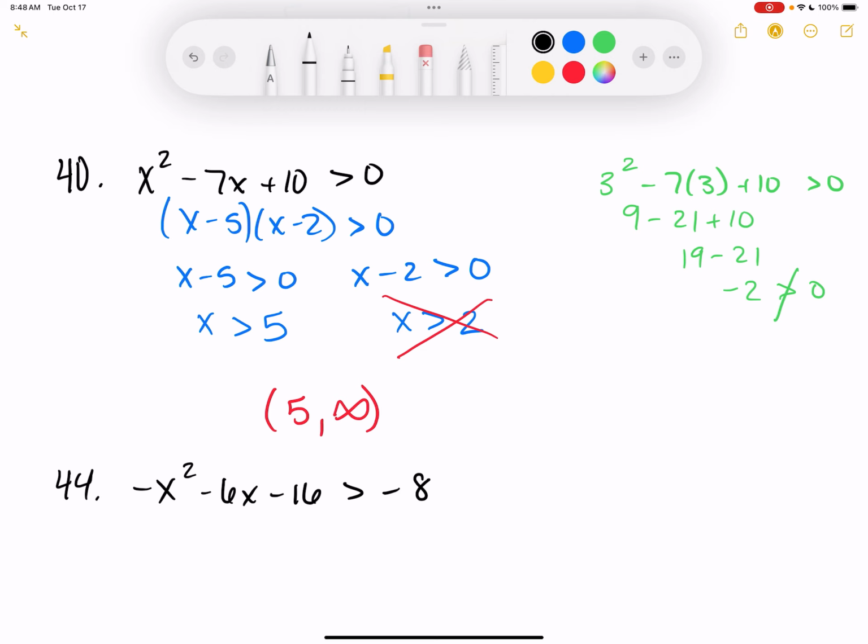All right, what do you notice about all these numbers? They're all negative, so any idea something I could do? Can you make them all positive? Yep, so I can divide by a negative across both sides.